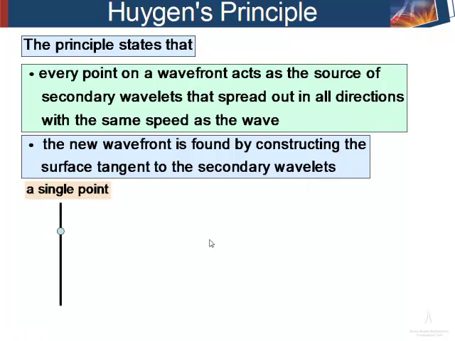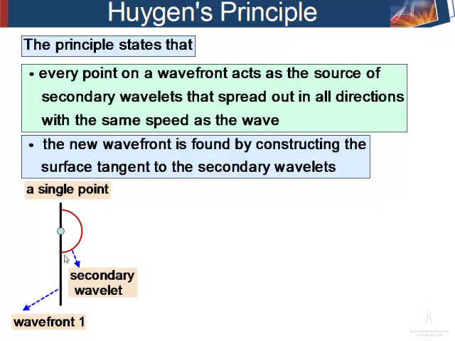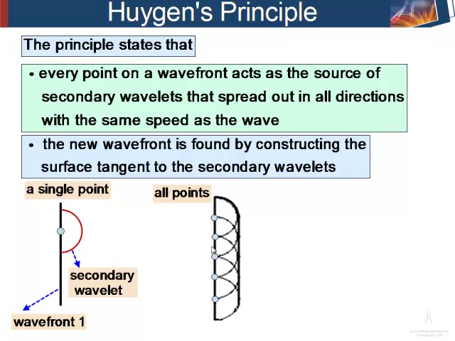For example, here we've got a single point, and this line would be your first wavefront, and from that wavefront comes the secondary wavelet. Now, if you've got a series of points as shown over there, you see your secondary wavelets, and then you draw a tangent to these waves, and that would be your second wavefront.